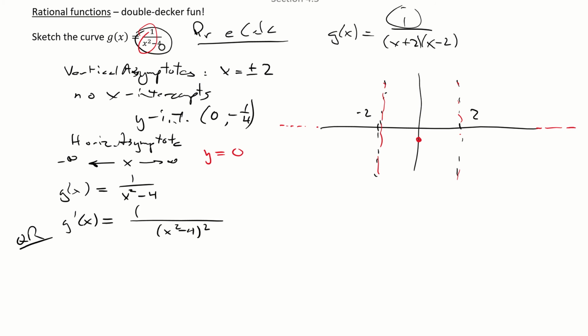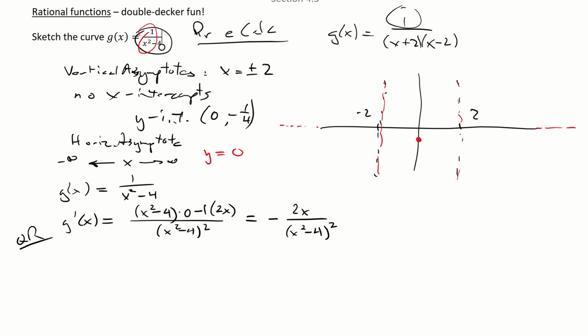I square it, then I send it up top, and that gets me, now you derive 1, you get 0, and then minus 1 times its derivative downstairs, which is merely 2x. So we clean that guy up, and we have a negative 2x over this guy, x squared minus 4 quantity squared. Is that right? I think that's what we get. I think I'm happy with that. What do you guys think?